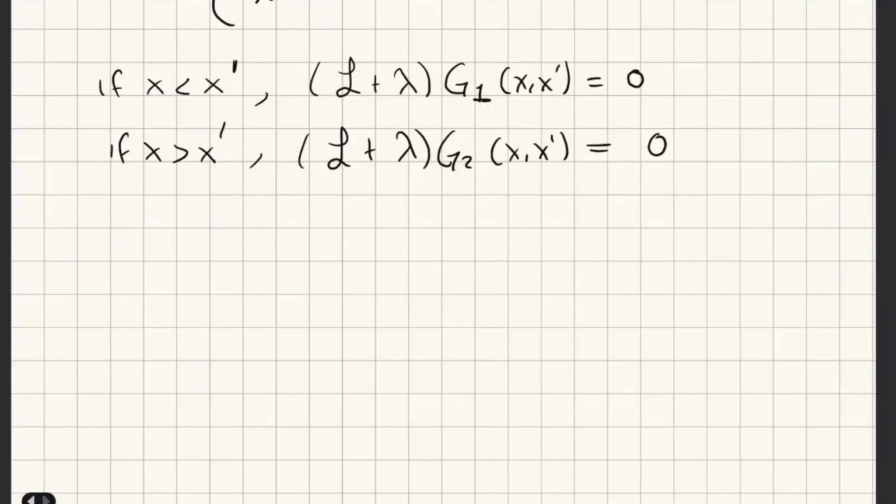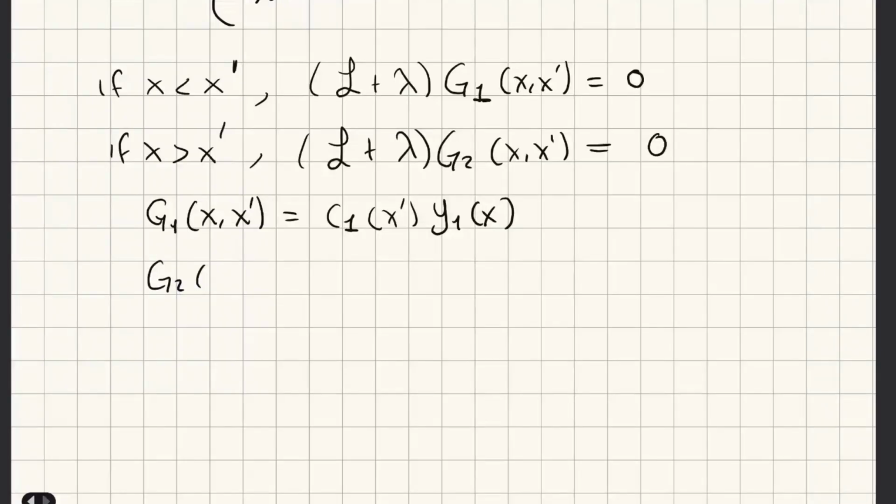Perfect. And now we are going to consider that g1 of x comma x prime can be seen as a function, let's say c1 of x prime, of another function y1 of x, and then g2 we are going to think of as a similar function, that is c2 of x prime times y2 of x.